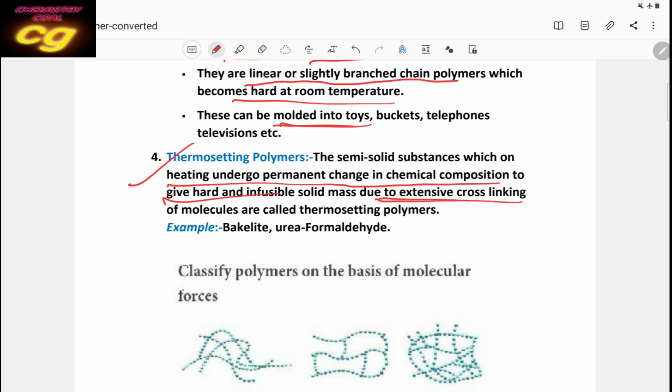The polymer chains are in cross-linked form. Examples: bakelite, and urea formaldehyde polymer; we will discuss their structure and preparation in the next video. These are cross-linked, thermosetting polymers, very hard on heating.